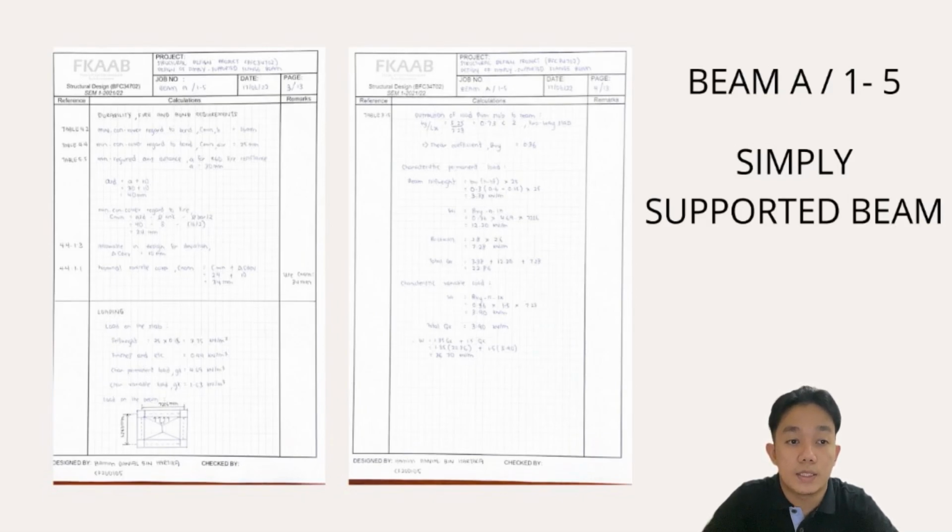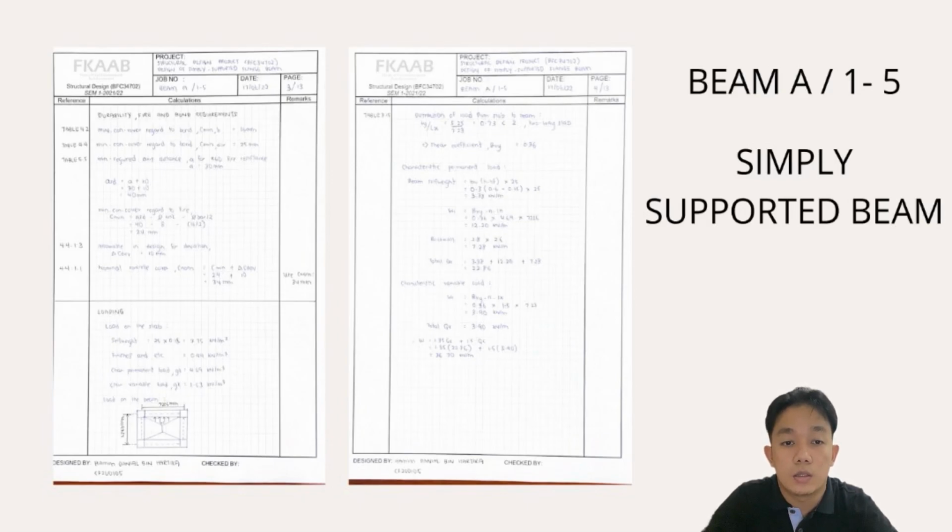We get the c min as 10 mm and the c nom as 34 mm. Then next is loading. For the loading, the self weight of my beam is 2.75 kilonewton per meter, and the finishes and etc. is 0.44 kilonewton per meter. Gk and Qk are 4.69 and 1.63, the same as before.